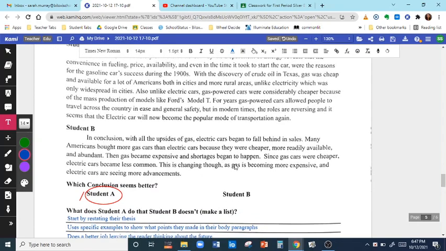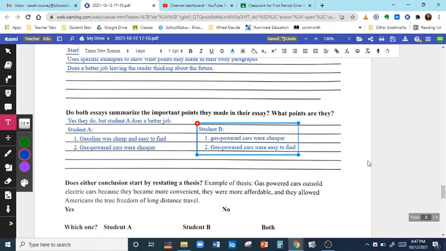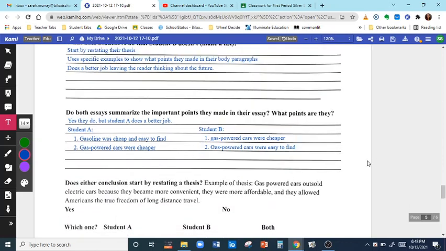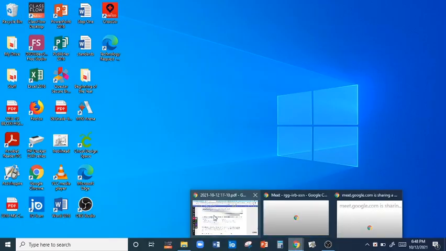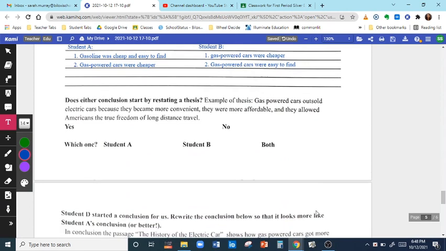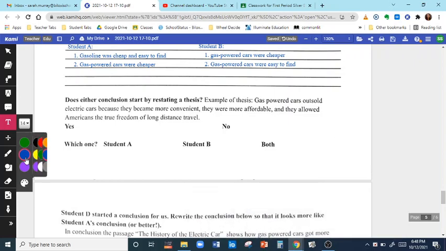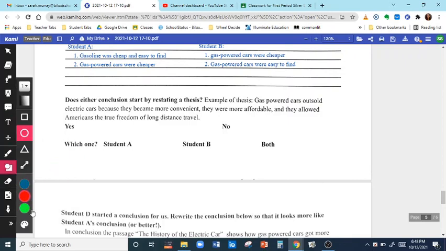But then it talks about gas becoming expensive, so that kind of contradicts. So they both really only have two points. You should have your third in there. But I do think student A does it a little bit better. Next one: does the conclusion start by restating a thesis? Our first one, student A, does, but our second one, student B, does not.